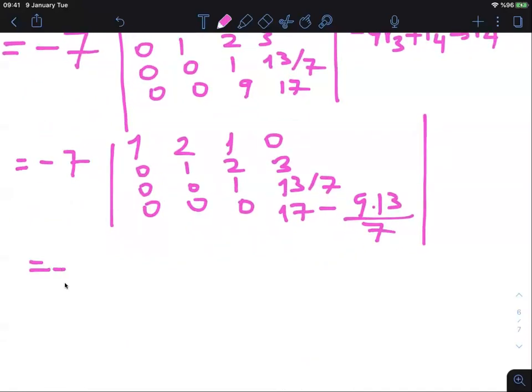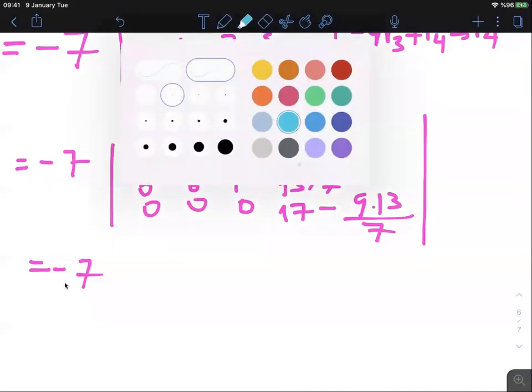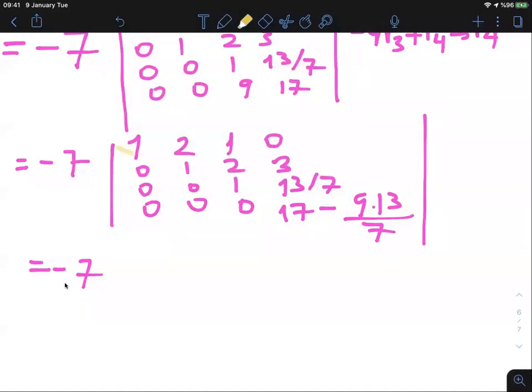Now, how do we compute the determinant of a triangular matrix? When we're computing the determinant, we basically multiply the entries on the diagonal, right? So these are the entries on the diagonal.